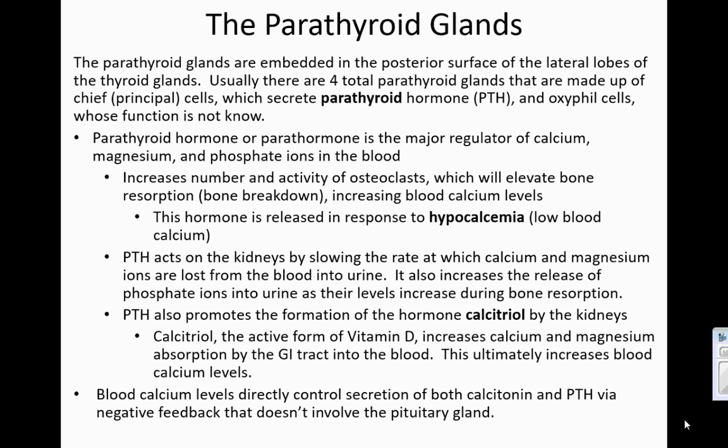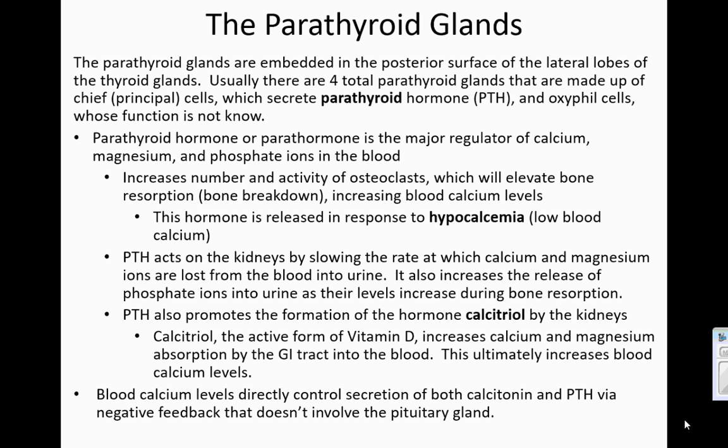Your parathyroid glands are typically four small glands located on the back of the thyroid, and they are made up of cells that produce the parathyroid hormone, or parathormone as it's sometimes known, in response to hypocalcemia, which is the fancy way to describe low blood calcium.